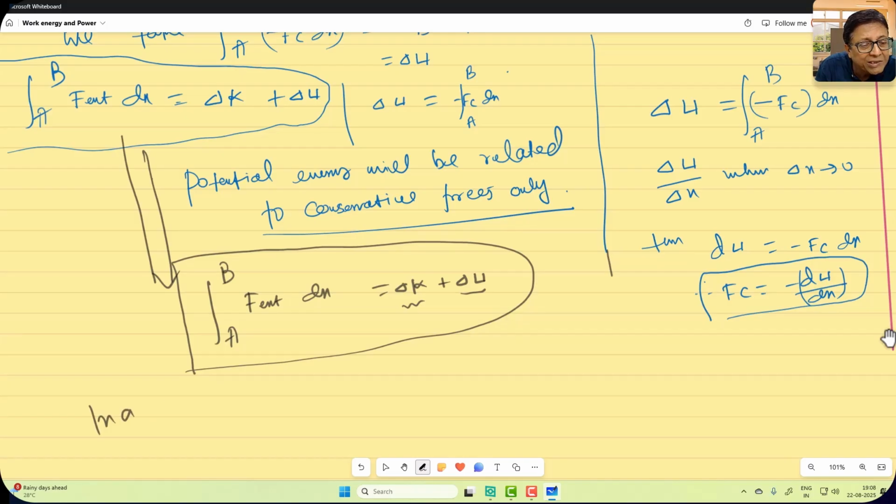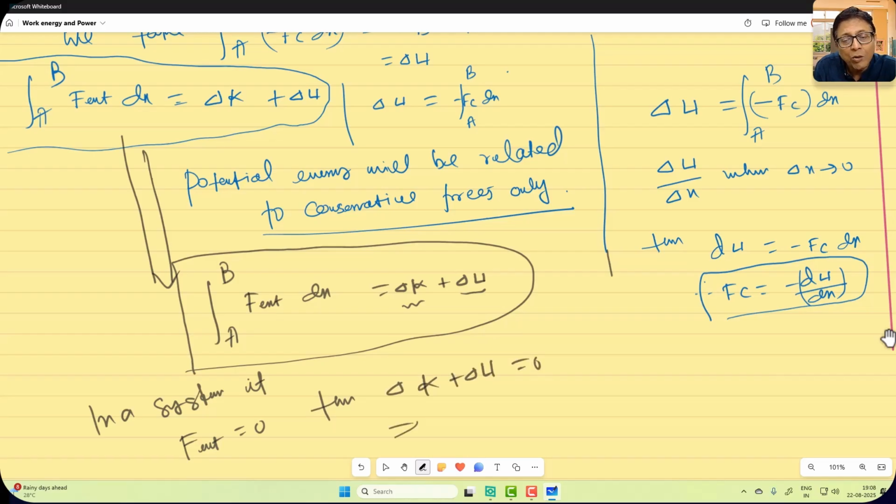So in a system, if the external work is equal to 0, then del K plus del U will be 0. What is del K? Del K stands for the change of kinetic energy, that is Kb minus Ka.